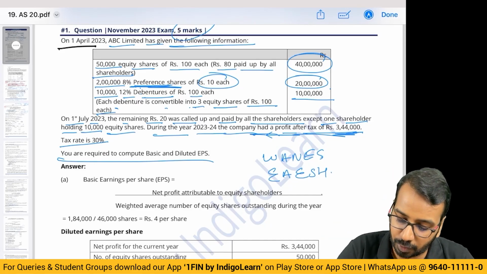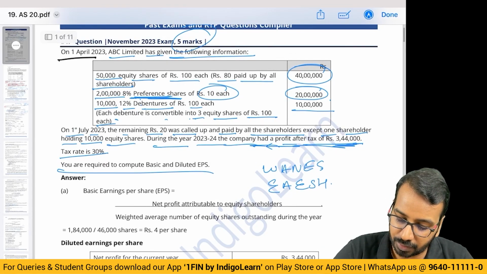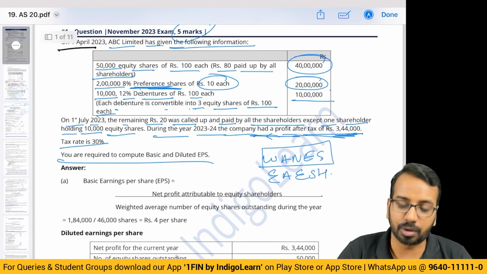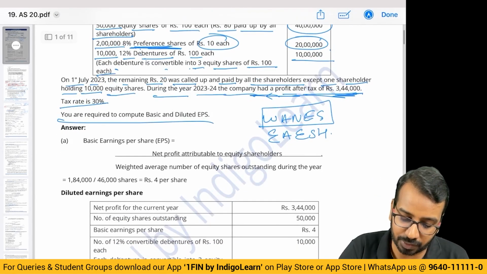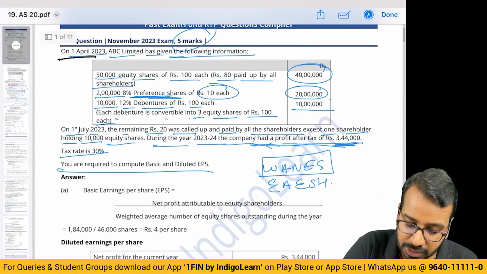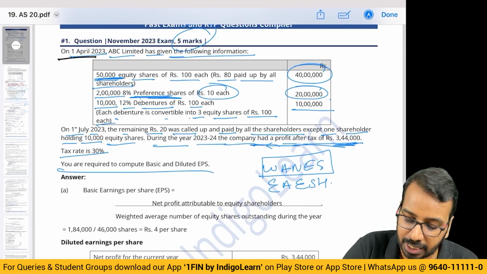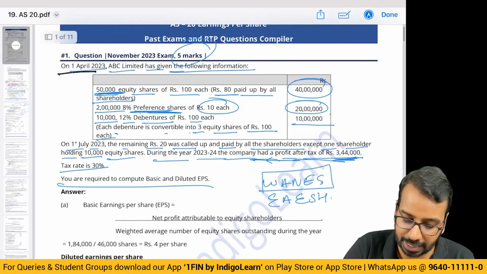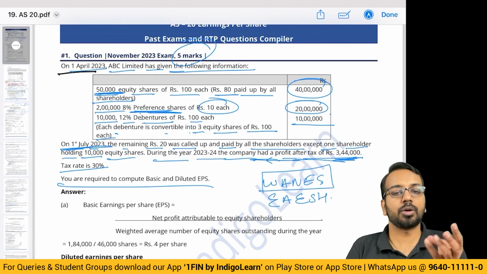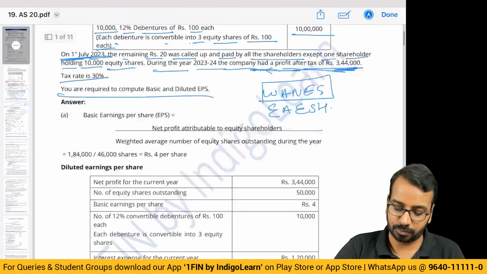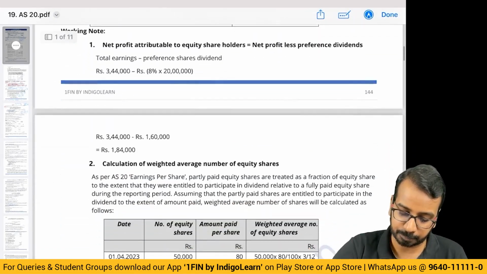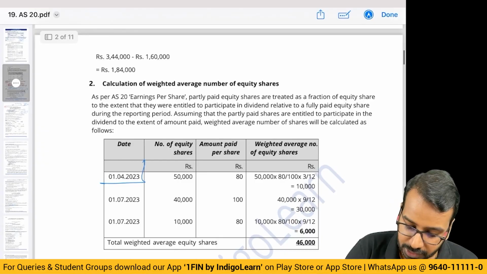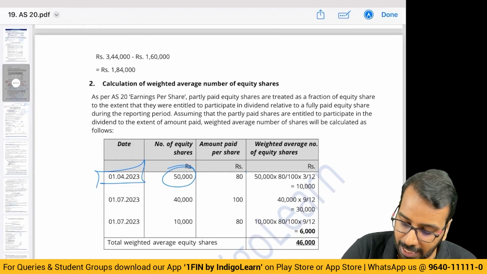Okay. So, for basic, it is very simple. We have to calculate weighted average number of equity shares. How to calculate? First, on 1st of April, 50,000 shares are outstanding, 80 paid. And the call happened on 1st of July. So, April, May, June, 3 months. So, 1st of April of 23, 50,000, amount paid is 80.